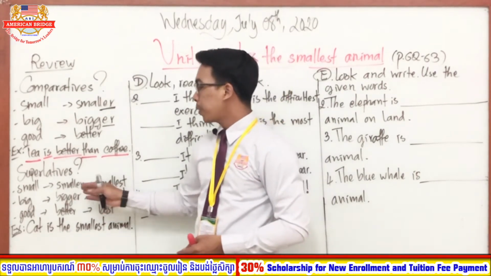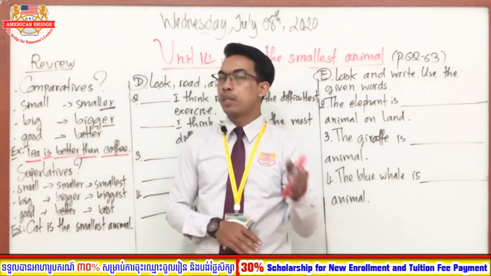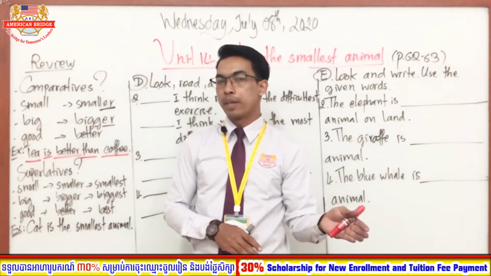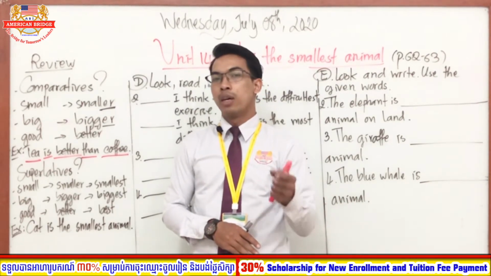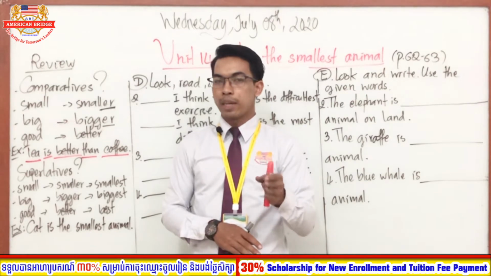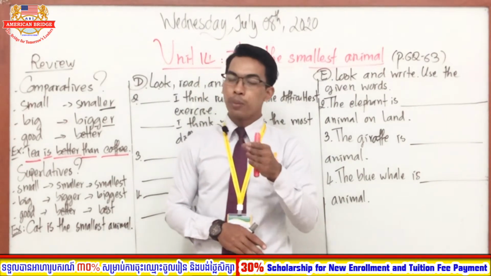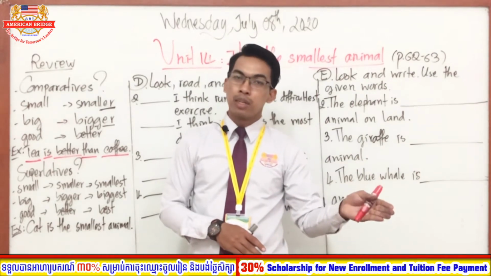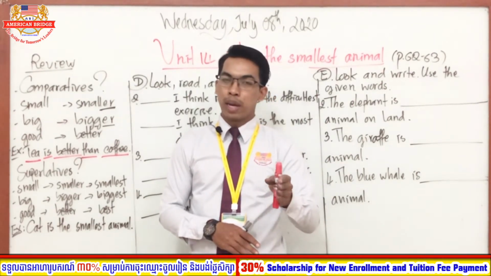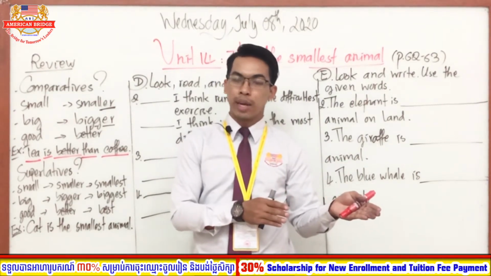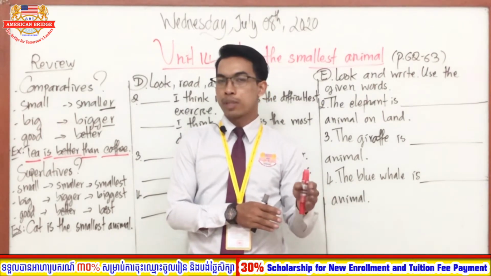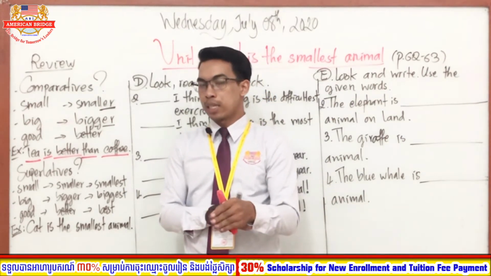See? Good. This is how to change the adjective to a superlative adjective. The first one, we divide it into two parts, the same as comparatives. It has regular and irregular, right? In regular, for one syllable we add est. For two syllables ending in y, we change y and then add est.